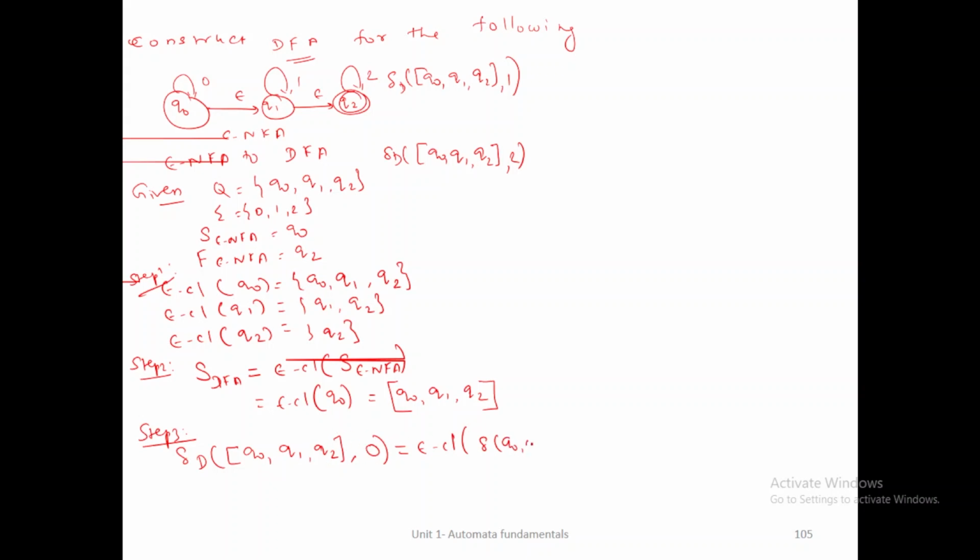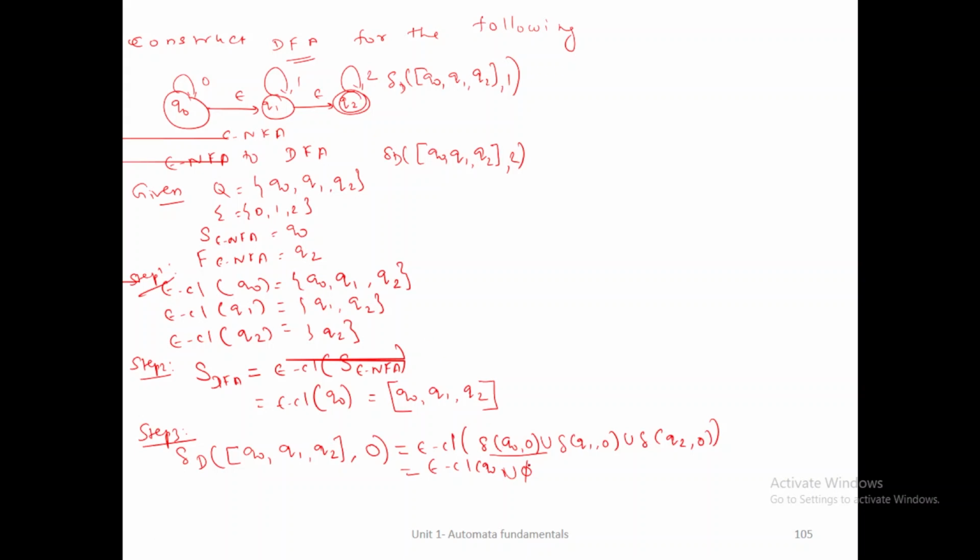How can you calculate? The formula is epsilon closure of tilde of Q0 0 union Q1 0 union Q2 0. So you write it separately: Q0 0 union Q1 0 union Q2 0. So what is Q0 0? You check the diagram. Q0 0 is Q0, so epsilon closure of Q0. What is tilde of Q1 0? In Q1 there is no outflow, so the answer is phi.